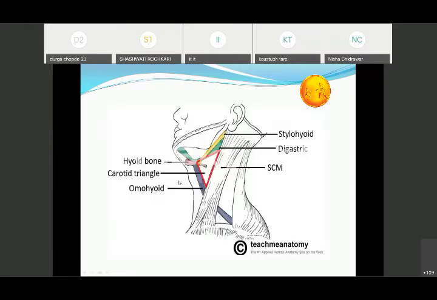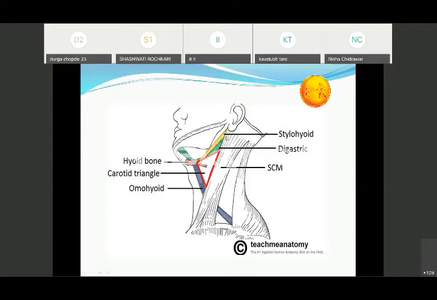Antero-inferiorly, it is bounded by the superior belly of omohyoid. As the name suggests, omohyoid is coming from the shoulder or from the scapula. Omo is scapula, which extends to the hyoid bone. Right? Omohyoid.